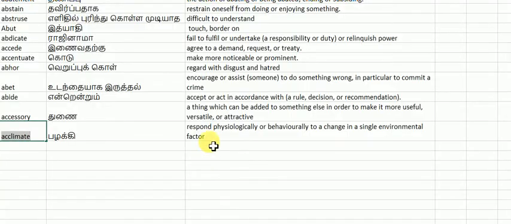In Tamil we can say பழகி. So we just get used to a single action, and that is called acclimate.